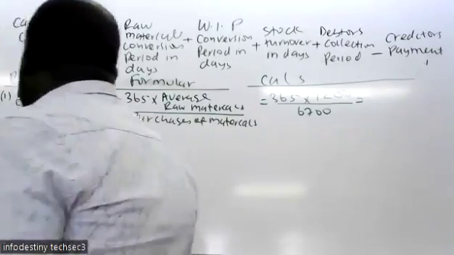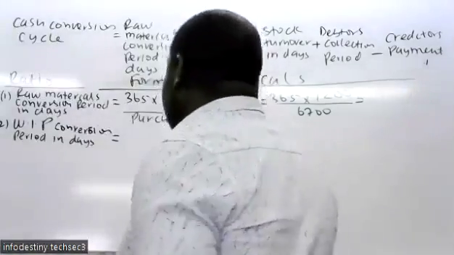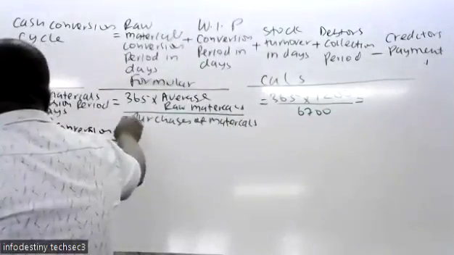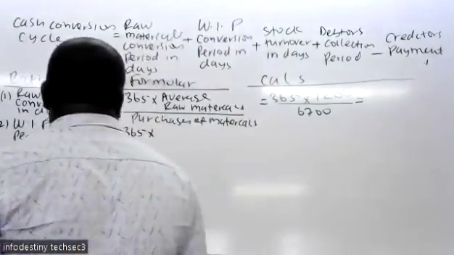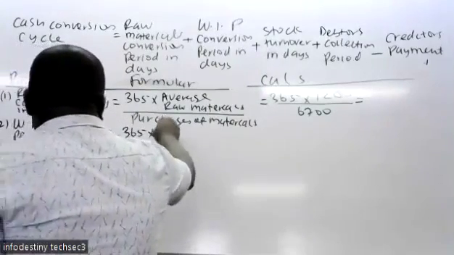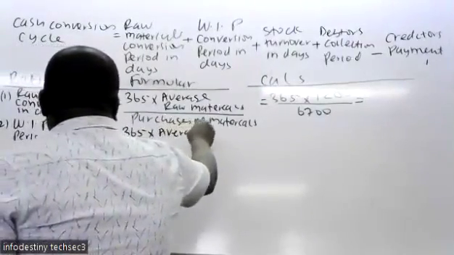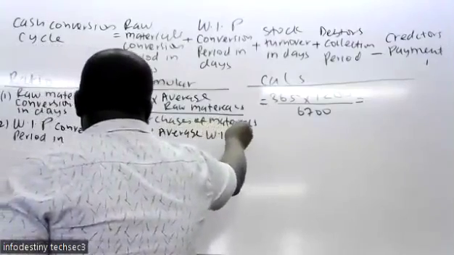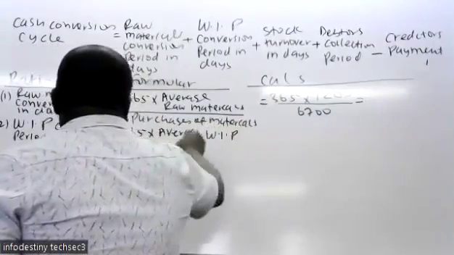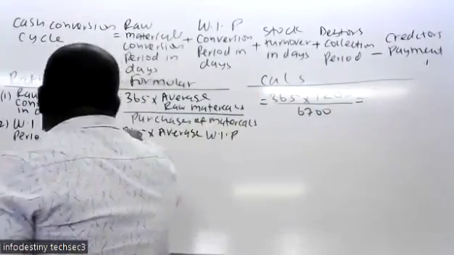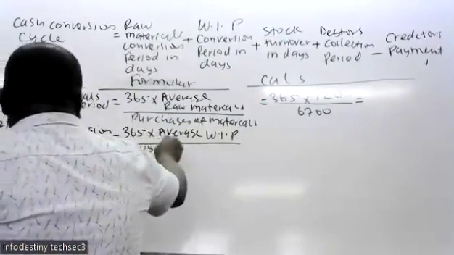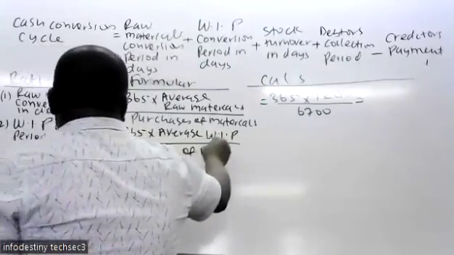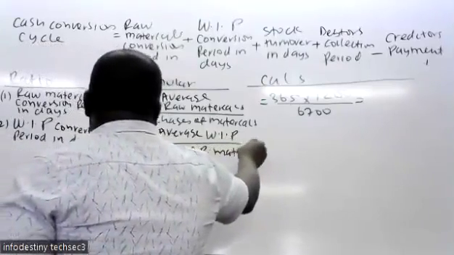So it will be 365 days multiplied by average work in progress, then we divide by usage of the raw materials.